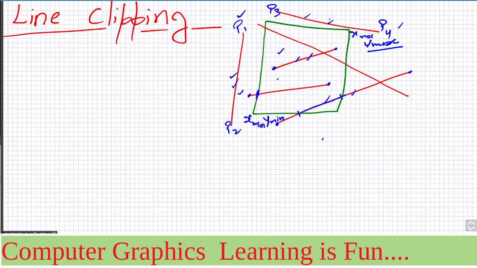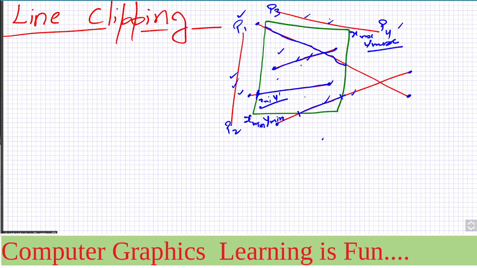This will definitely be something like x min and some value of y dash. Okay, and from here to here, this is a line which is inside the window. Okay, similarly for this line also, both the endpoints are outside, but still it crosses through the window, so this portion should be visible.